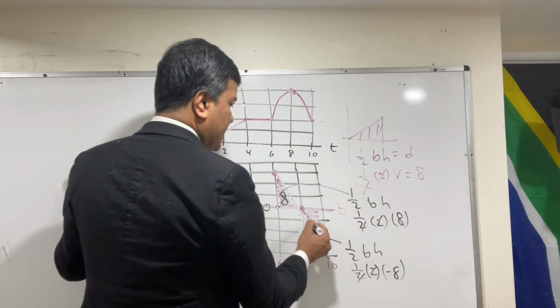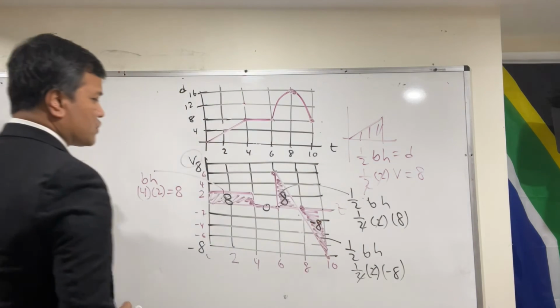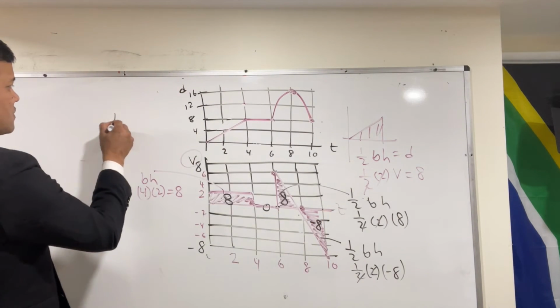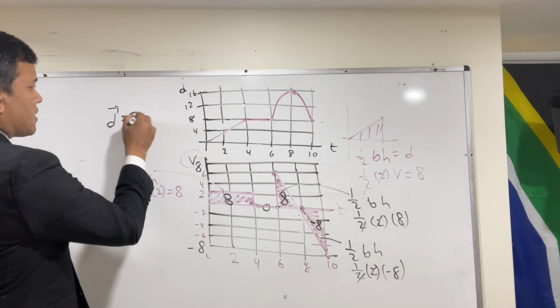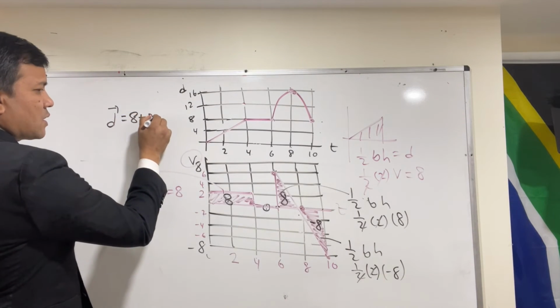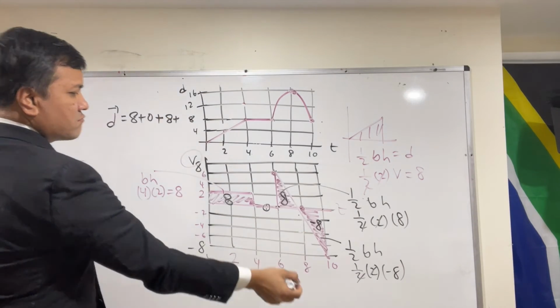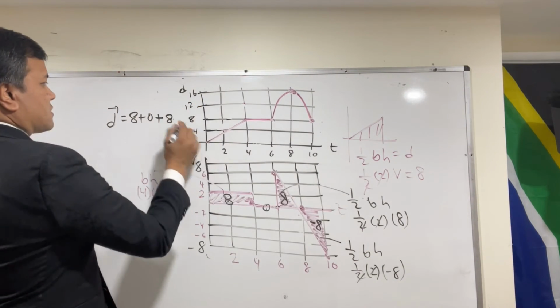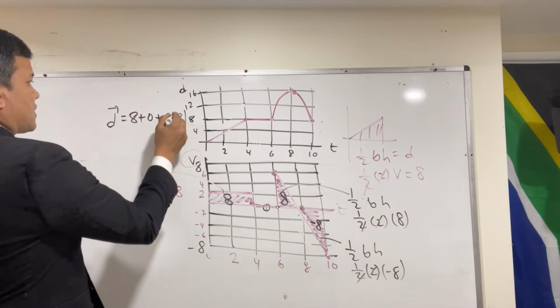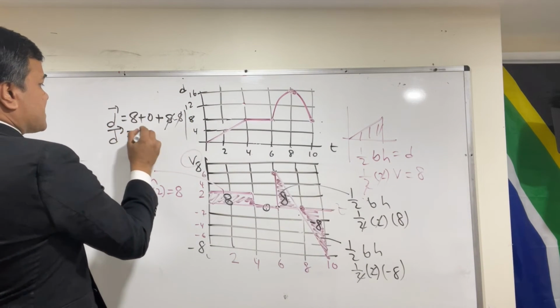So this is negative 8. So our displacement is 8 plus 0 plus 8 plus minus 8. So the 8s cancel, and our displacement is 8.